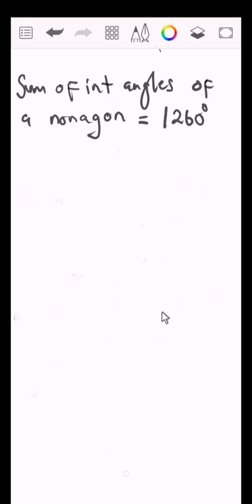Against my better judgment, I will try to draw a nonagon. I'm going to try, but let me not waste your time. So I'm not going to draw a nonagon, but I want you to picture what our question says. The question tells us that 4 interior angles of a nonagon equate to 460 degrees. Then it tells us that the remaining angles are equal. It says find the size of each of the remaining angles.